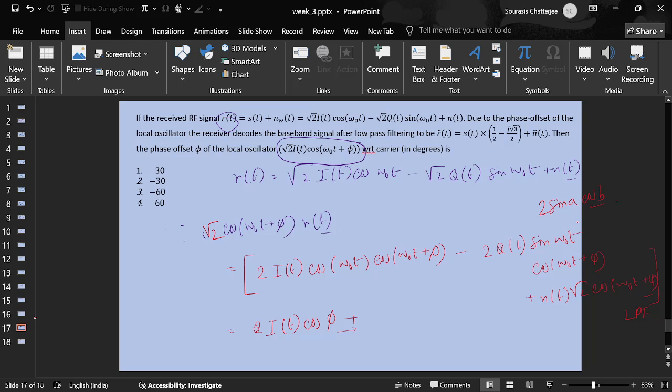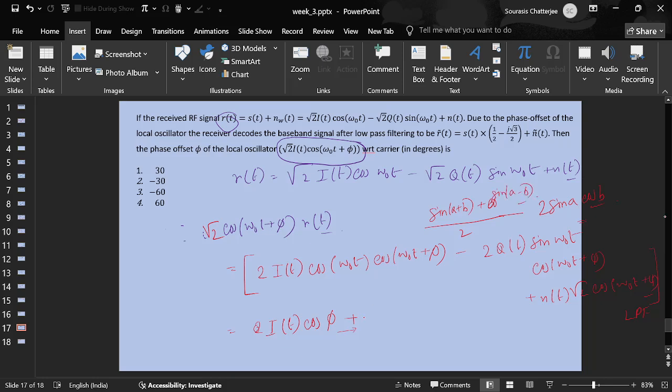Can one of you please tell what that is going to be? Sine of a plus b plus sine of a minus b.